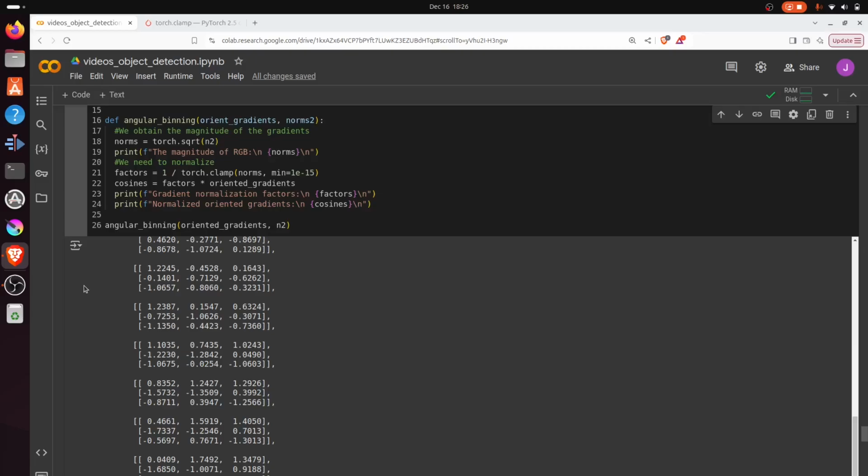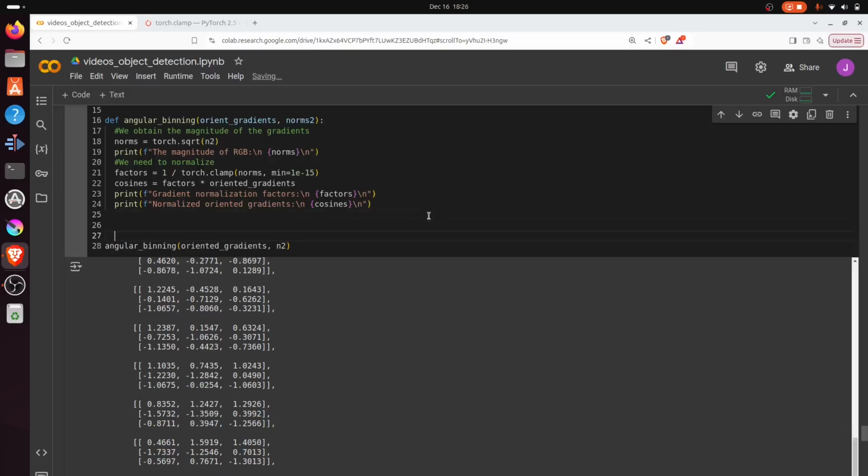So now let me first state that there are two possible methods here. Let's say we're going to choose a method for angular binning.